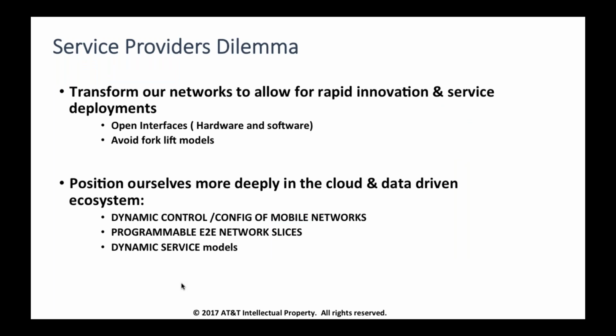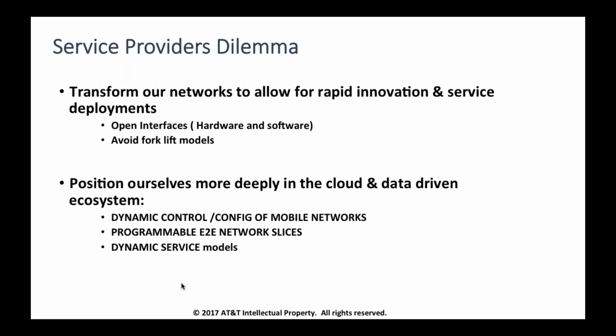One of the dilemmas we've been discussing for many years is how do we transform ourselves to allow rapid innovation, instead of having these step functions where we deploy equipment, then we try to capitalize it, and many years later we deploy another set of equipment, a new version of it.